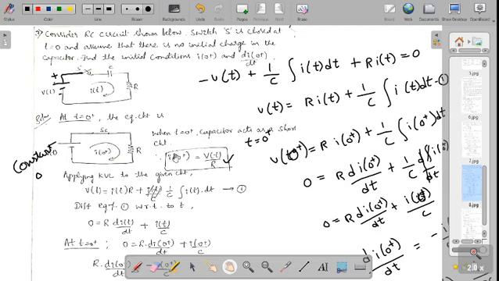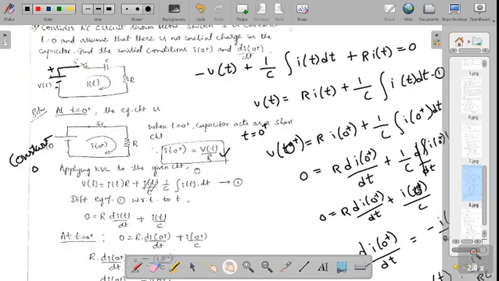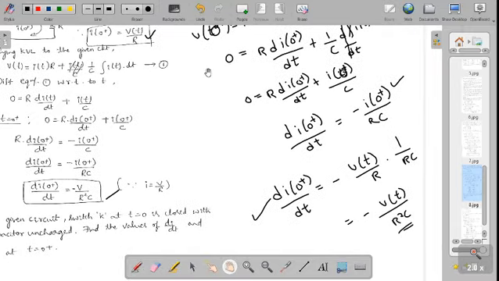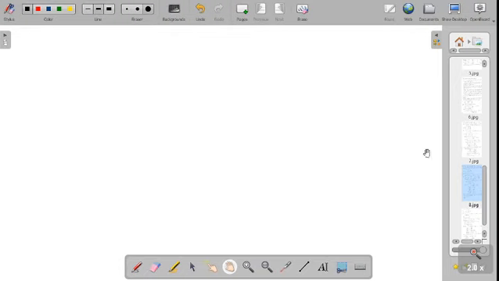First find the current when the switch is closed, then find the derivative: apply the KVL to the original circuit and find the derivative, and with that you get this equation. Now let us consider the other problem.